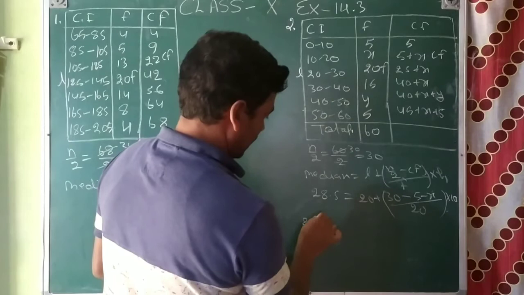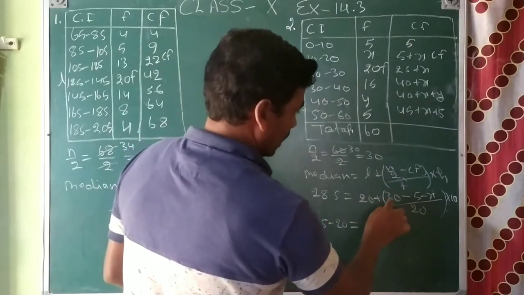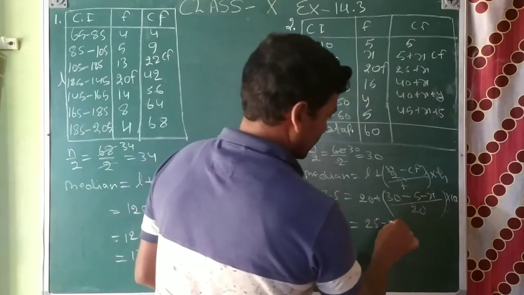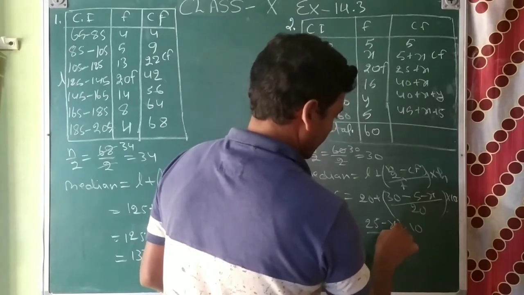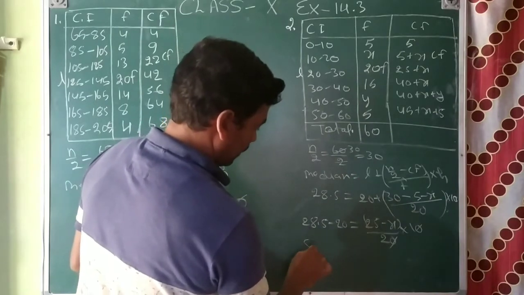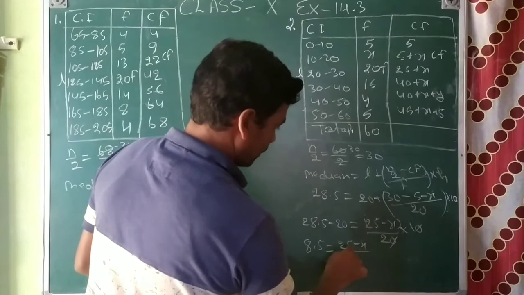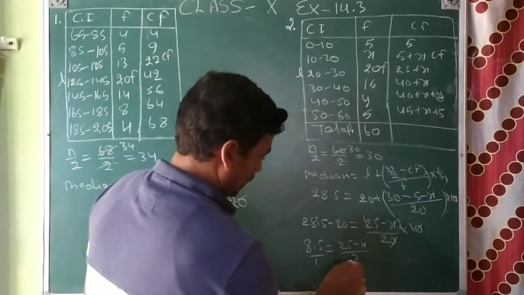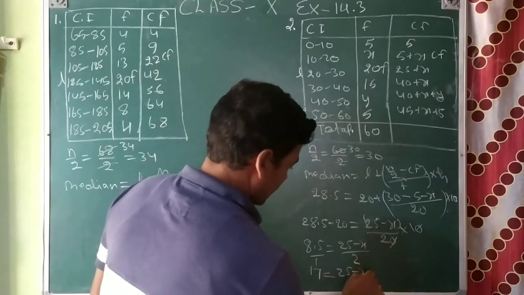So 28.5 minus 20 is equal to 30 minus 5, 25 minus x, upon 20, multiplied by 10, then 0 cancels by 0. So that will be left 8.5 is equal to 25 minus x upon 2. By cross multiplying, 17 is equal to 25 minus x.